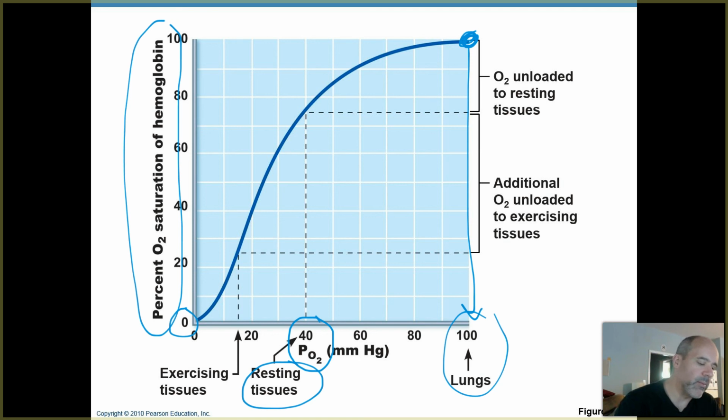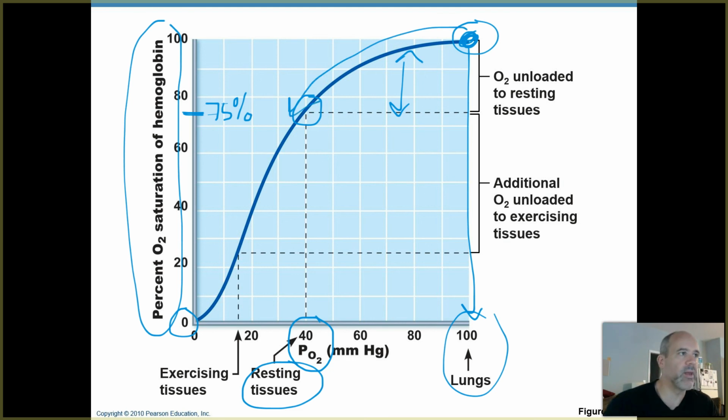As that blood passes through the capillaries in resting tissues, it's going to unload oxygen gas off of the hemoglobins. So your percent saturation is going to drop to about 75% under normal circumstances. Then that blood is going to circulate back to the lungs and become resaturated. It goes back to the tissues and unloads that O2 gas, and it just keeps happening over and over again.